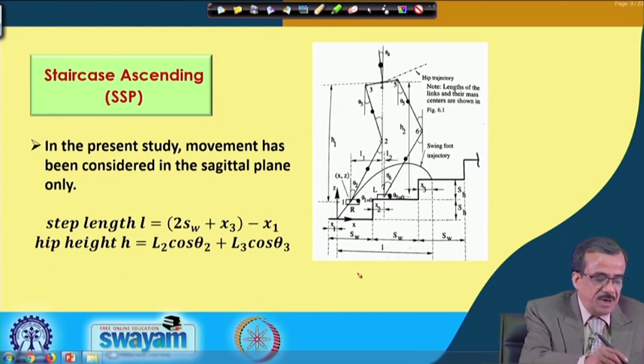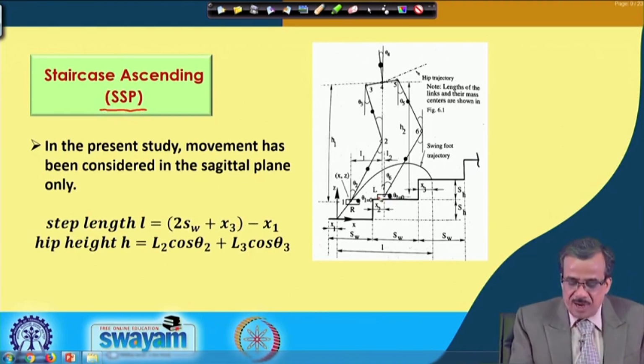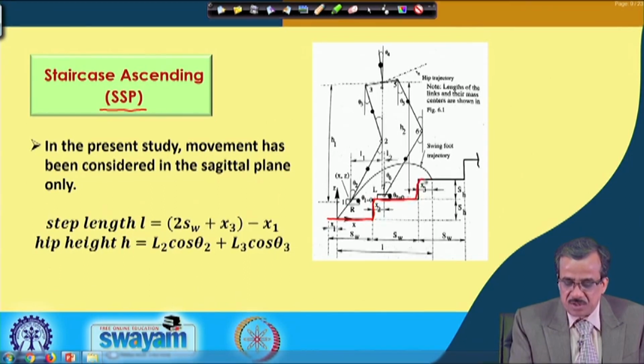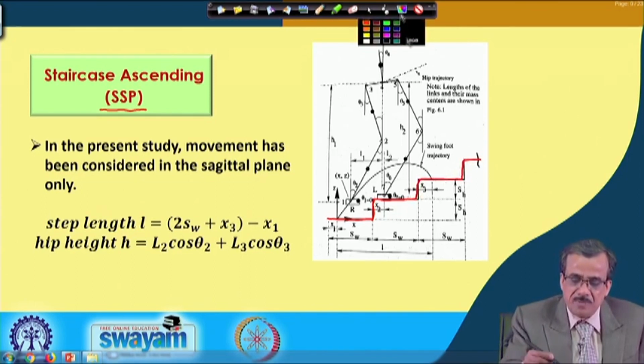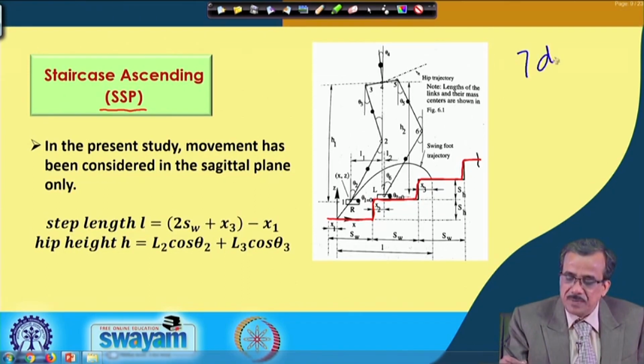This is nothing but the single support phase, that means there is one foot on the ground and another foot is in the air. Supposing this biped robot is negotiating this type of staircase. This shows the staircase, and the biped robot is a very simple biped robot having 7 degrees of freedom.